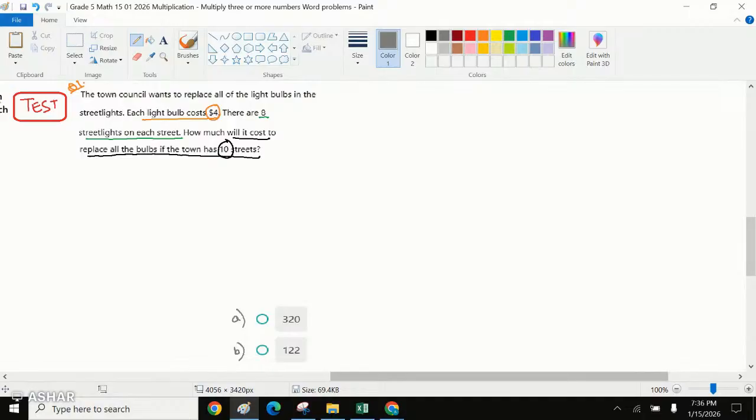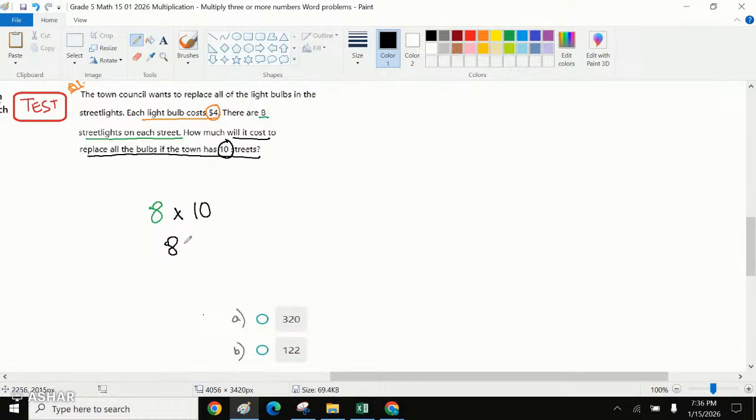It's okay, Job. We're just simply multiplying the numbers. We're doing word problems. So what should be the answer? Option A or option B? It says there are 8 bulbs on 10 streets, right?